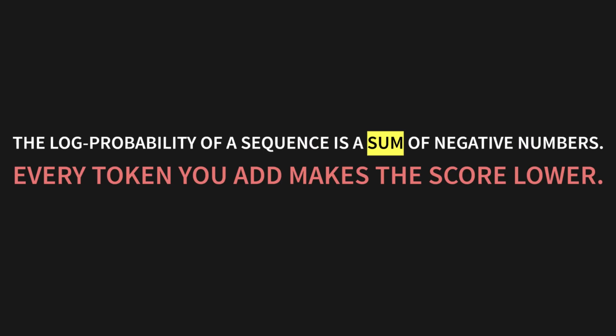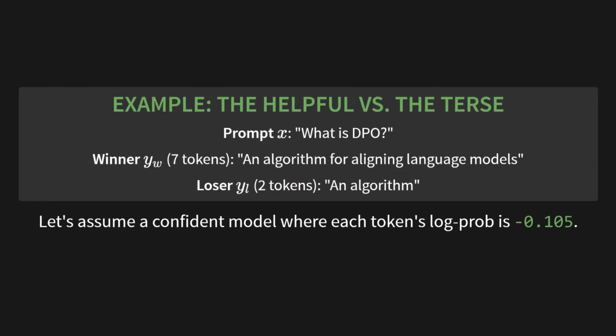Let's make this painfully clear with an example. The helpful versus the terse. Our prompt, X, is "What is DPO?" The human labeler correctly chose the winner, y_w, which has 7 tokens: "An algorithm for aligning language models." The loser, y_l, is just 2 tokens: "An algorithm."